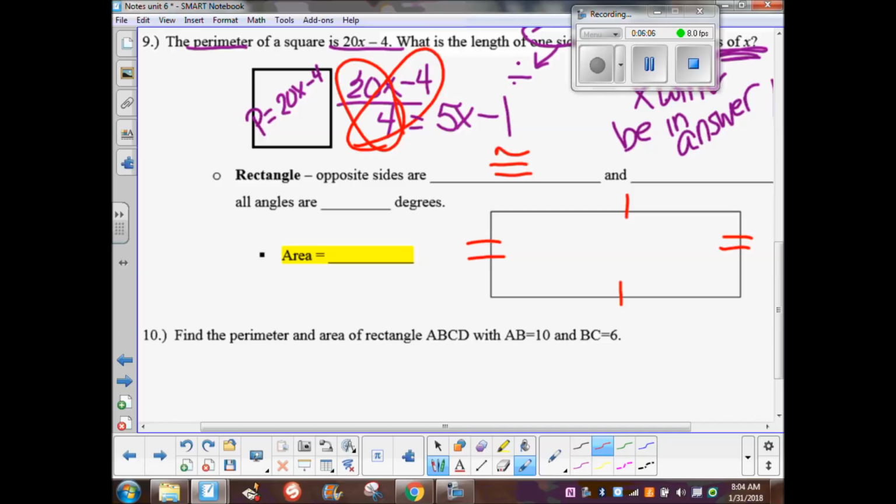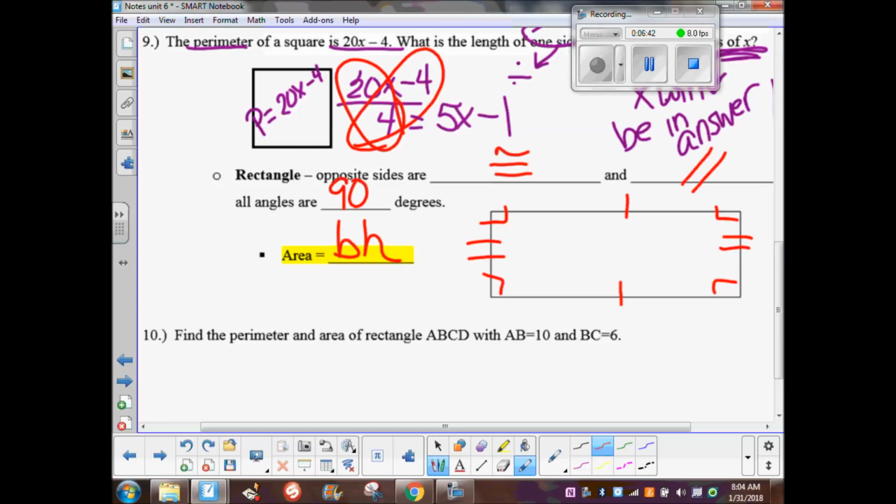They're not all equal, it's not a square. So opposite sides are congruent, and they are also parallel to each other. What do we know about the angles of a rectangle? 90 degrees, so we can put in those little right angle boxes. Same thing as the square, the area formula, use the parallelogram formula on your sheet, which was what? Base times height.